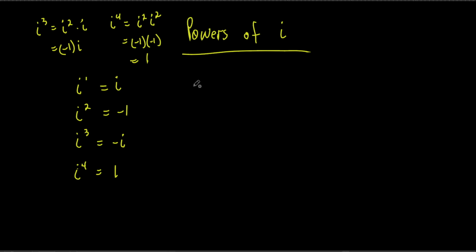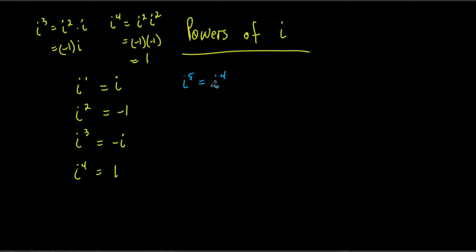So let's go a little bit further. What about i to the fifth? How could we break down i to the fifth? Well, what's the biggest one that we know off the top of our head? i to the fourth, right?